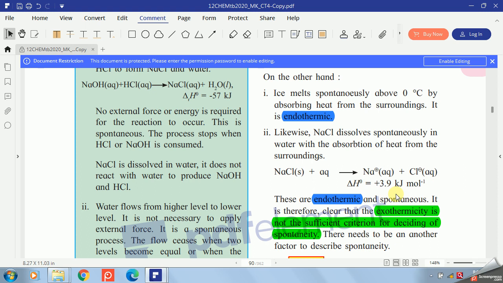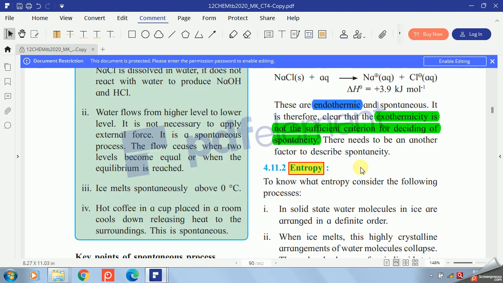So it is not only the criterion to decide whether a change or process is spontaneous or non-spontaneous. Spontaneity does not depend on the exothermicity of the process or change.